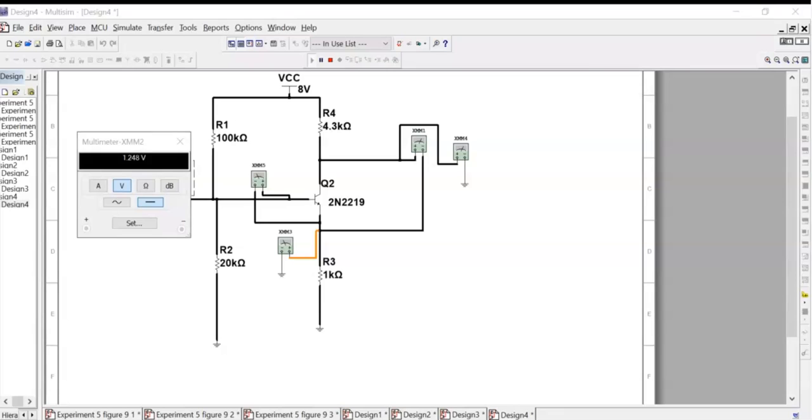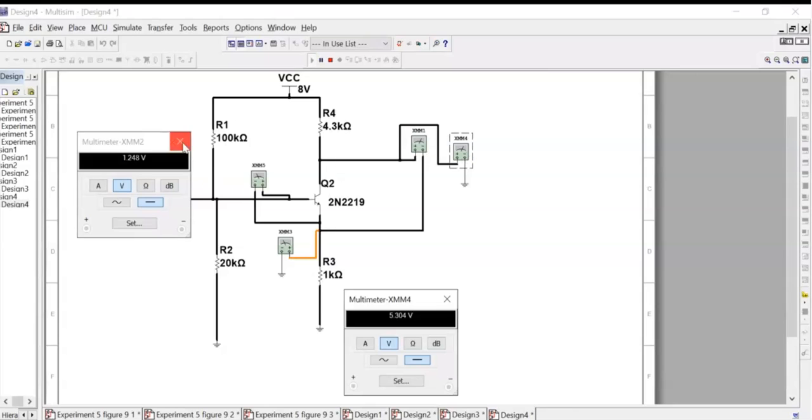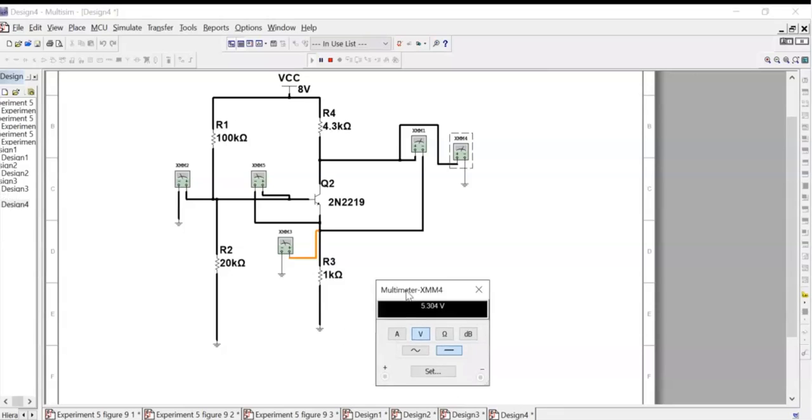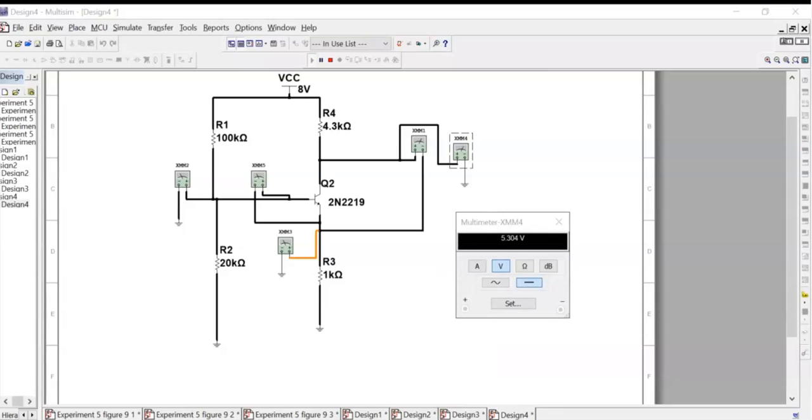Next, VC, collector, is meter 4. So meter 4, 5.304 volts.